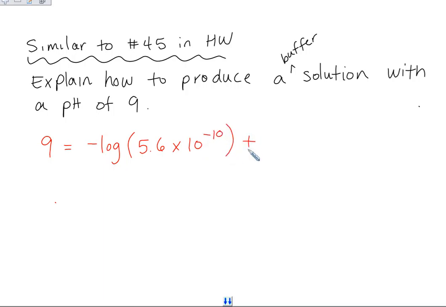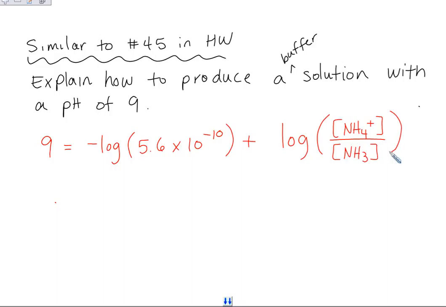Here's going to be my variable: log of, I don't know what these molarities are, but it's going to be the conjugate, the ammonium ion, over the neutral particle. In this case, it's the base, NH3. That's my variable. I don't know what concentrations I should use.